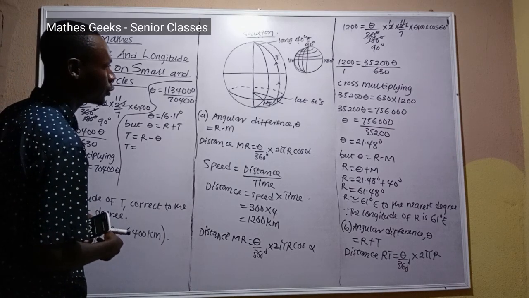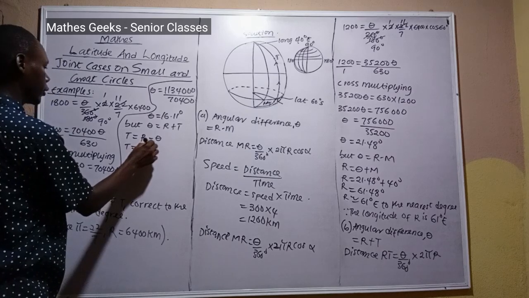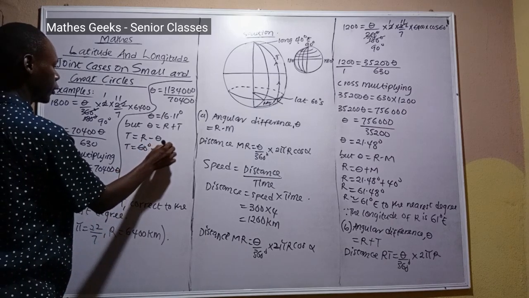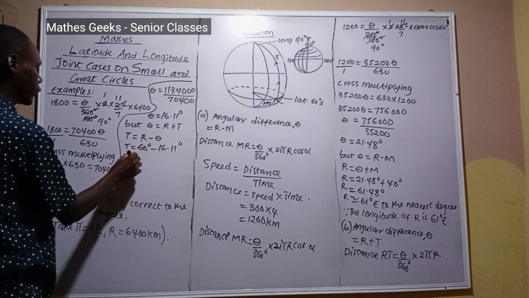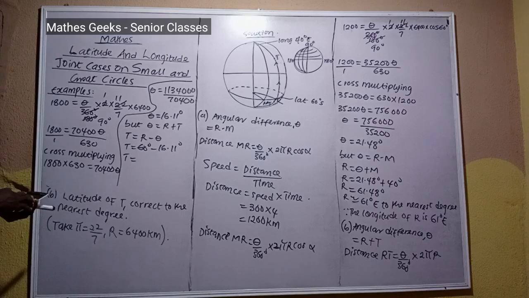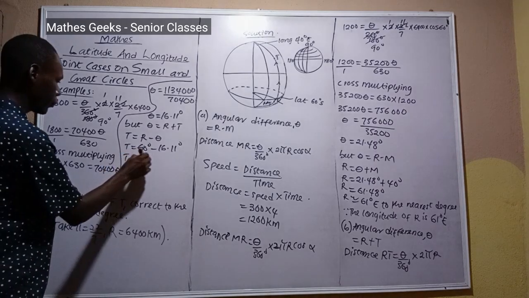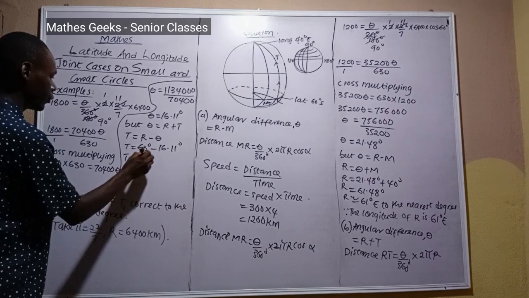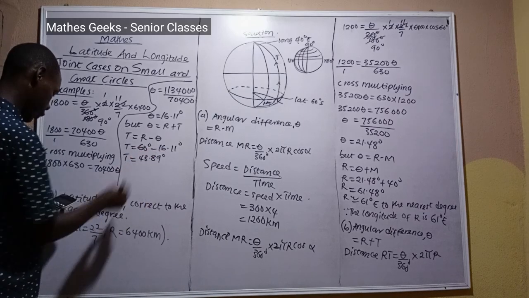The latitude of R is 60 degrees. So T is equal to 60 degrees minus 16.11 degrees, and that's 43.89 degrees.